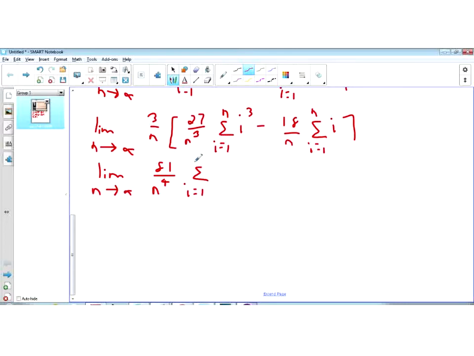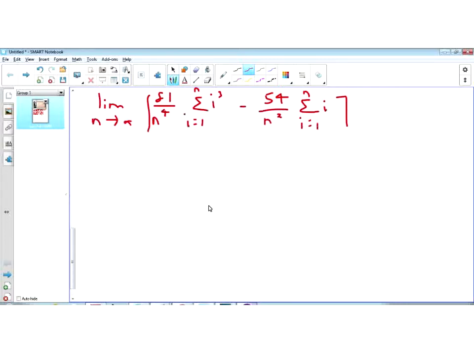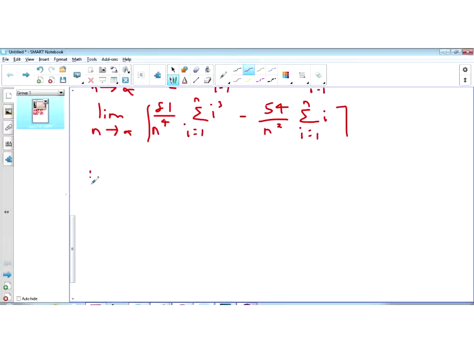I'm multiplying 3 over n by each of these terms in brackets now, bringing it back in. Now what I'll do next is replace the sigma notations with their closed form solutions.